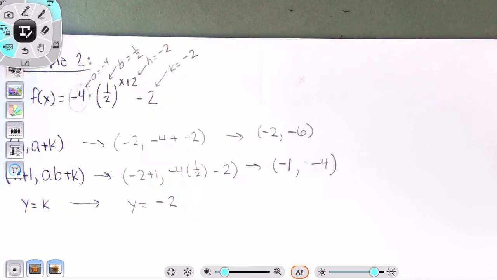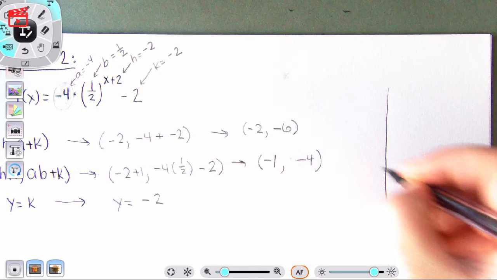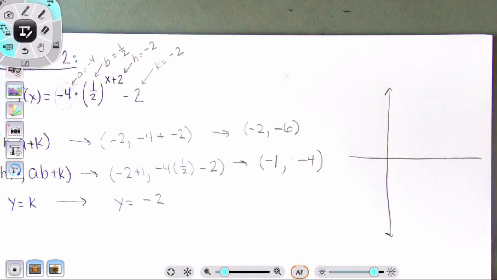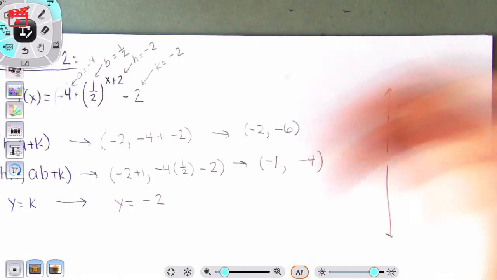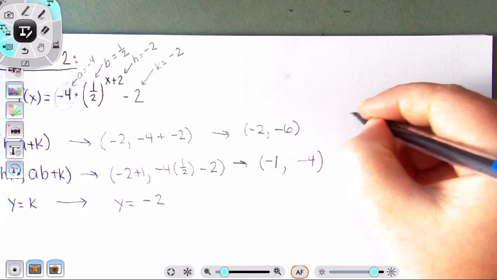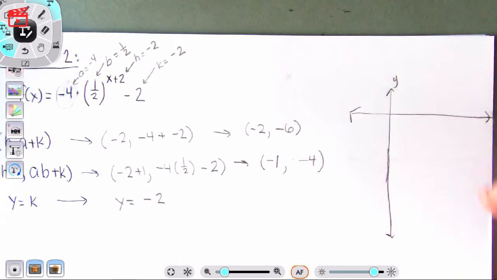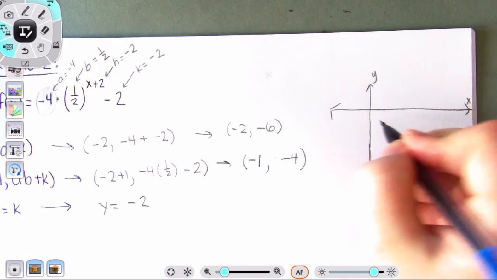I'm going to graph over here. Noticing that all my points here are negative, so I'm going to make this sketch a little bit more on the negative side. And I didn't do that, so let me redo that. There you go. Okay, so step number 1 is your asymptote is at -2.